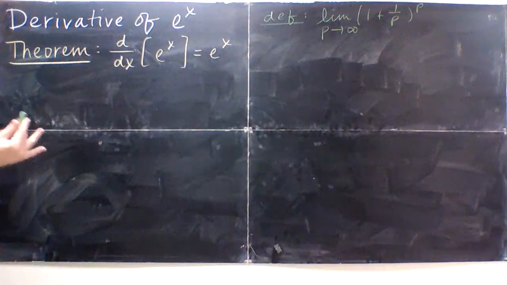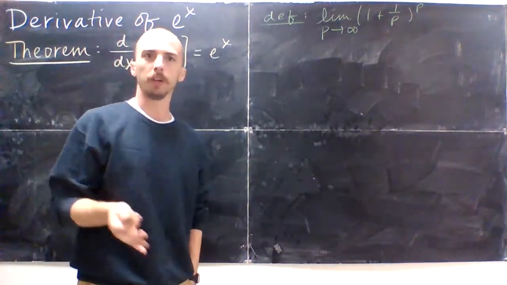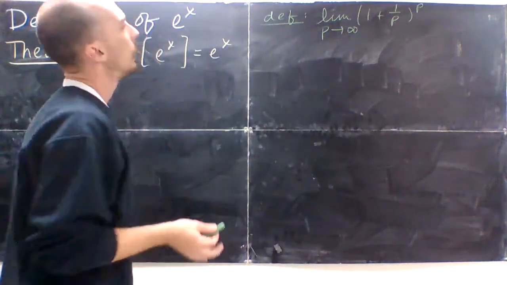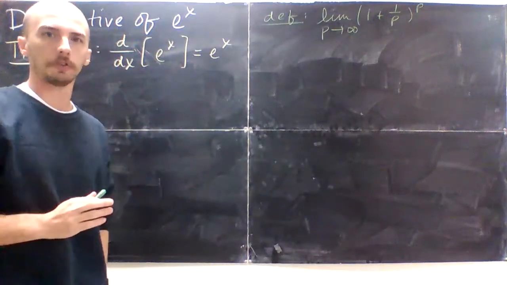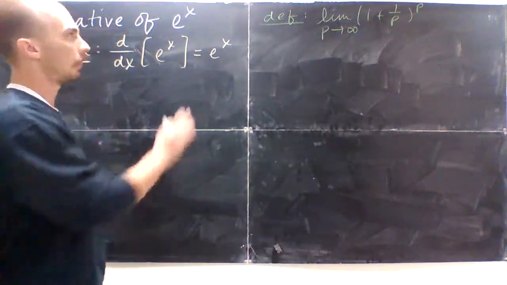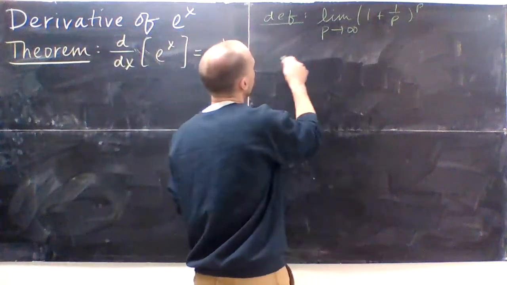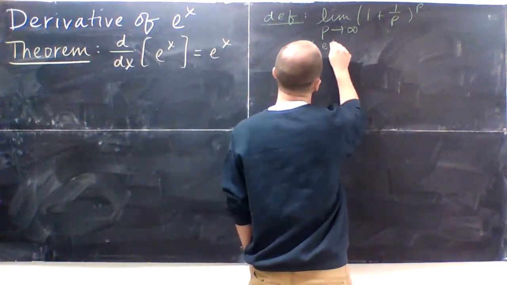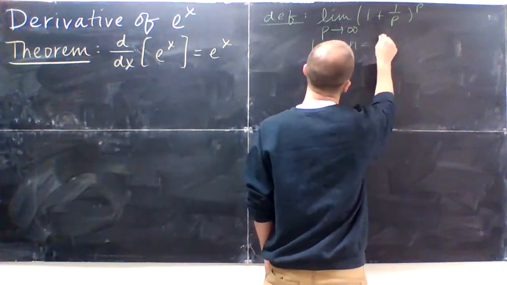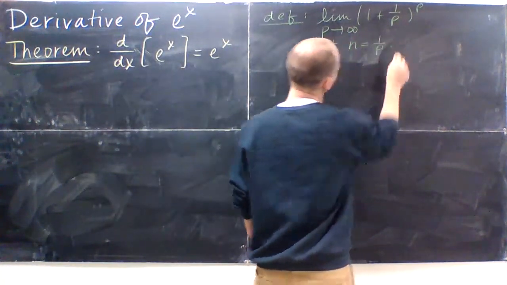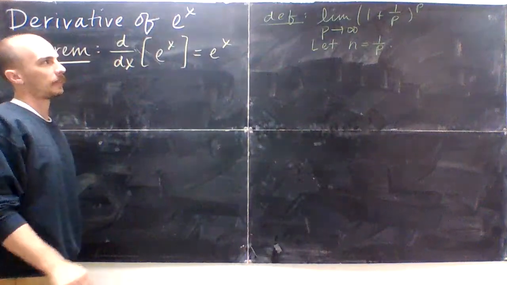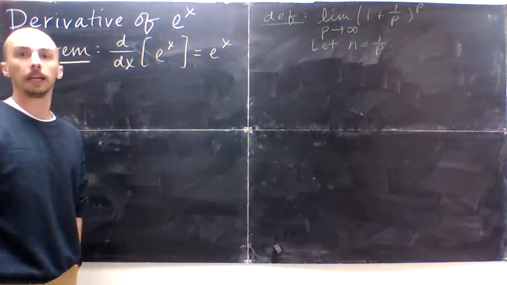Now, that's great. That's usually what most people would think of when they think of the definition of e. But I'm going to want to take a different definition today. It's equivalent to this one. I'm going to make the substitution: let n equal 1 over p. It will be the case that as p goes to infinity, n goes to 0.